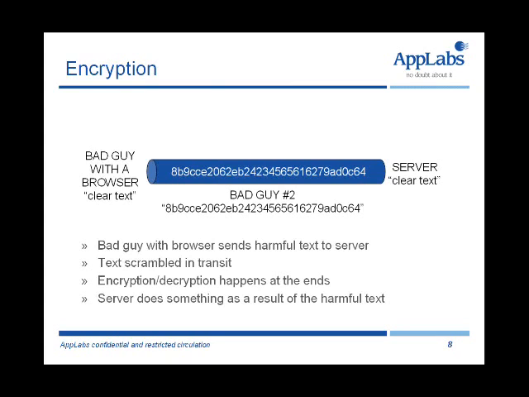So let's take that a step further and look at the scenario where there's a bad guy, or somebody with bad intent, who uses the same bank as me, and he wants to do harm to the server or get access to information that he shouldn't have. There are messages that he can send from a browser through this encrypted connection to the server that will cause the server to do something harmful.